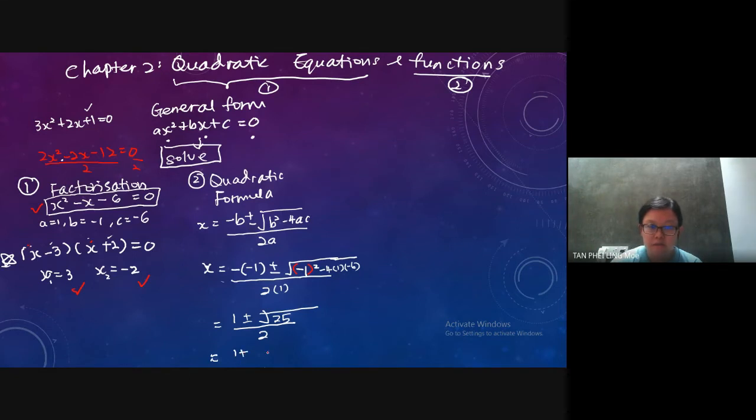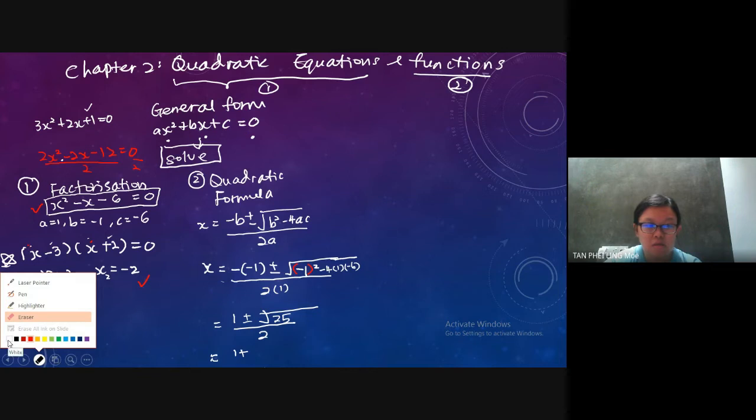Square root 25 over 2. So confirm the one. Sorry, I'm also exploring with this thing. I cannot erase already because it was the previous one. No worries, then we use white color.